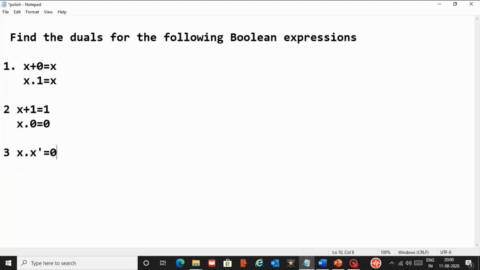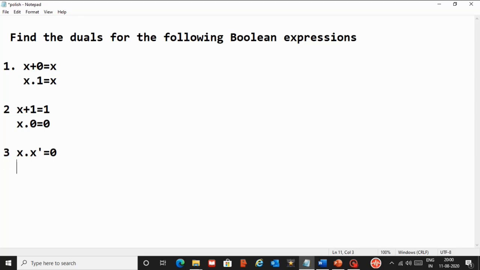So if x is equal to 1, then 1 dot 0. What is 1 dot 0? It is 0. If x is equal to 0, then x dash will be 1. So it will be 0 dot 1, again equal to 0. So it's a proper statement. You don't have to prove it, but I'm telling you this.